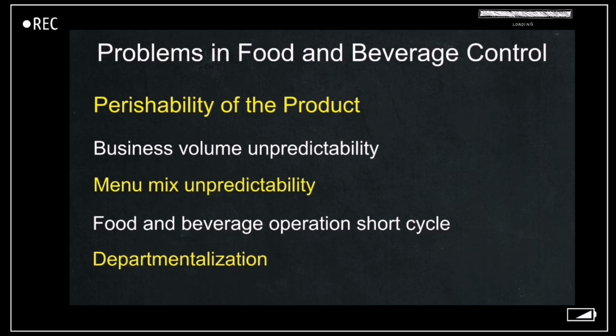So, iyan yung isa sa mga challenges, yung perishability of the product. So we need to form a control in which mamomonitor natin yung dami ng yung estimated demand natin. So at least we need to have an estimated demand for us to maka-order lang din tayo ng tamang dami lang ng stocks.